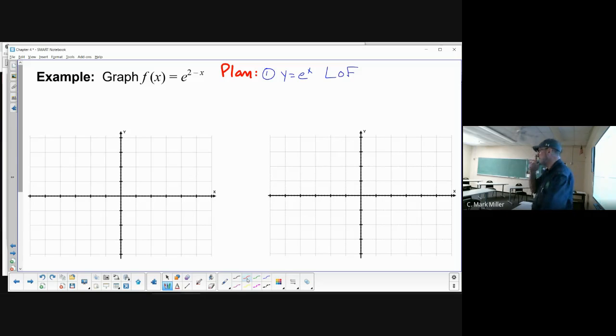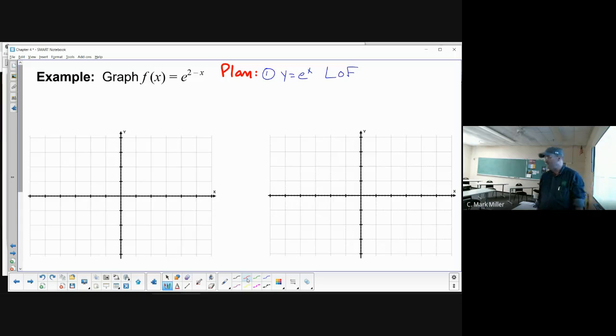When you graph these, I highly recommend doing 1 transformation per step. Don't try 2. Can you do it with 2 if you know what you're doing? Yes. But it is inviting mistakes to do 2. All right? So now I need to turn e to the x into this.